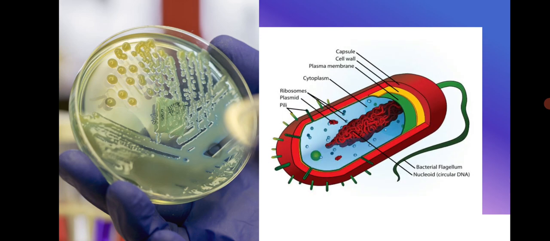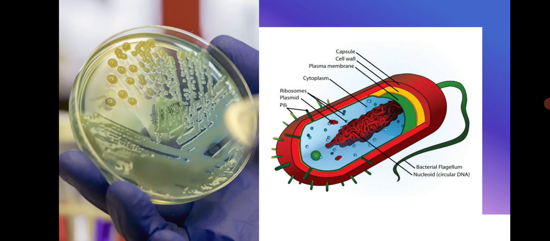So, coming to the structure, this is the basic structure of the bacteria. You can see clearly now, you will come to a clear understanding of how exactly the bacteria looks like. Now, the outermost layer, you can see the capsule is clearly mentioned.